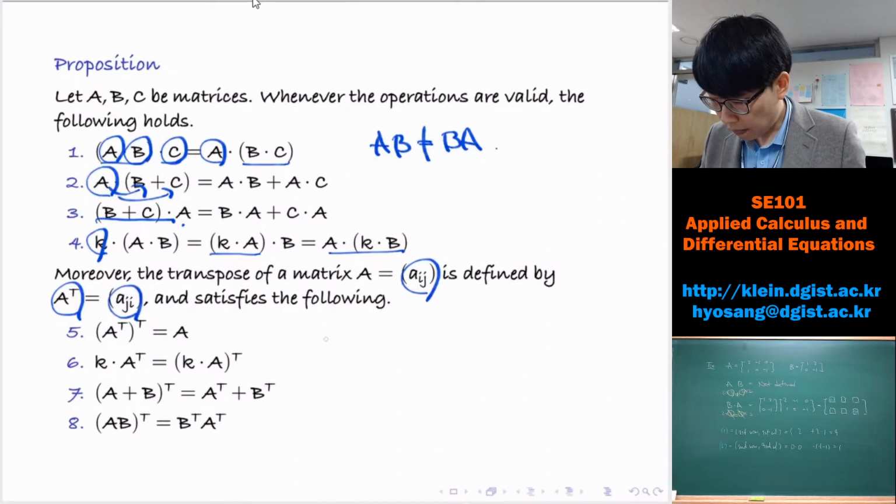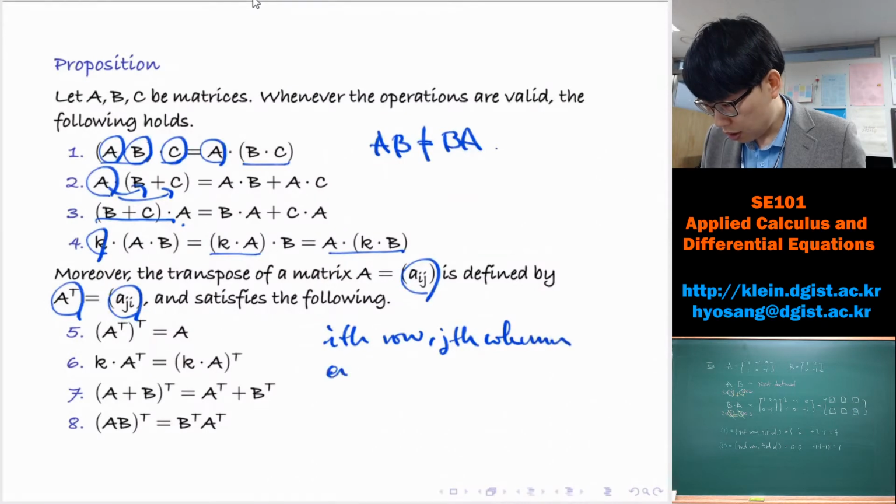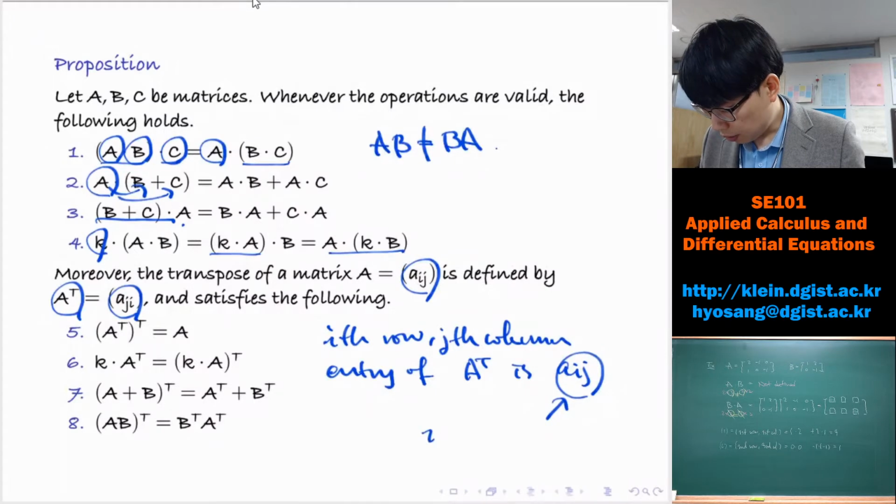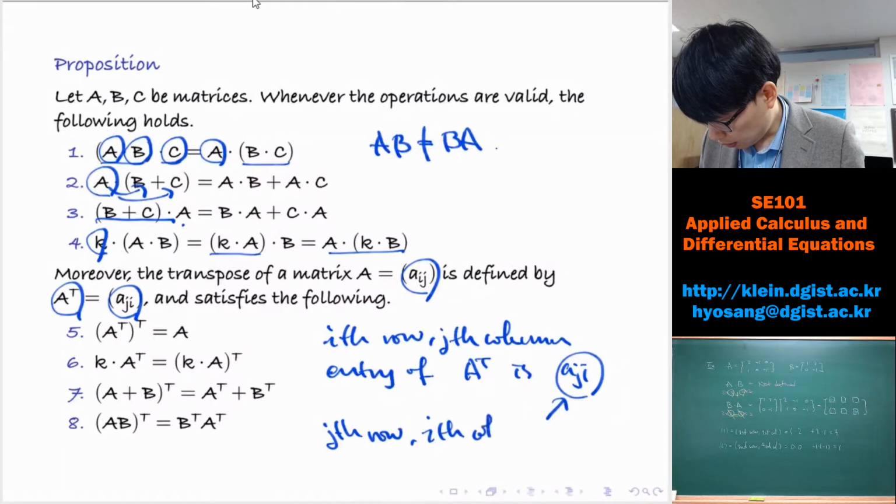Which means that the i's row, j's column entry of the transpose of A is Aji, which is the j's row, i's column of A.